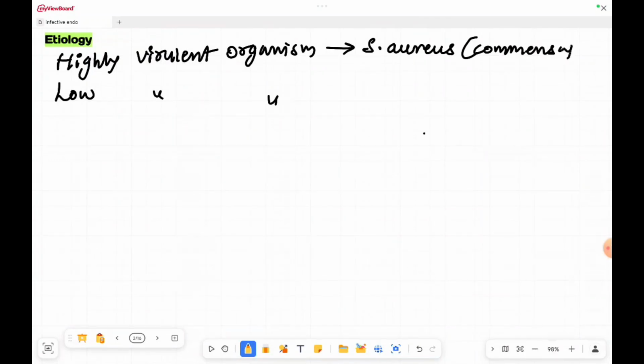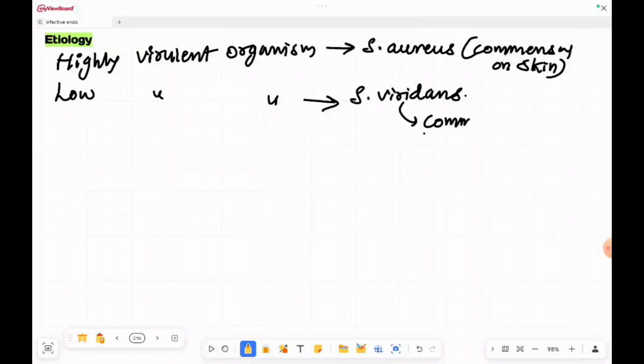Commensal organism means it naturally resides over skin. The low virulent organism is Streptococcus viridans, and it is a commensal in the oral cavity.